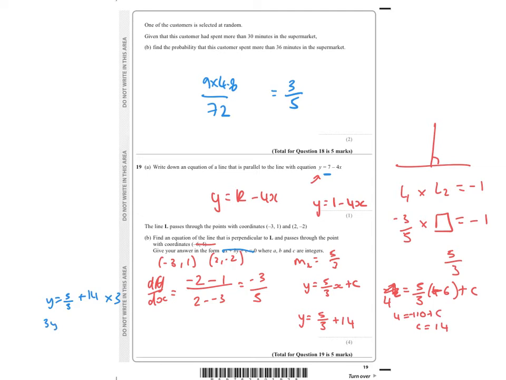So I can get 3y equals 5x plus 42, and then I'm going to move everything to the left-hand side. 3y minus 5x minus 42 equals 0. Okay. Please make sure you have it in that way at the bottom, otherwise you do not get full marks, you lose a mark.